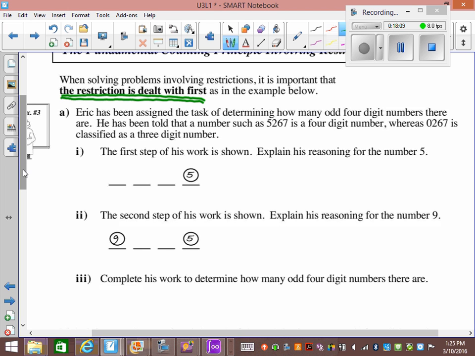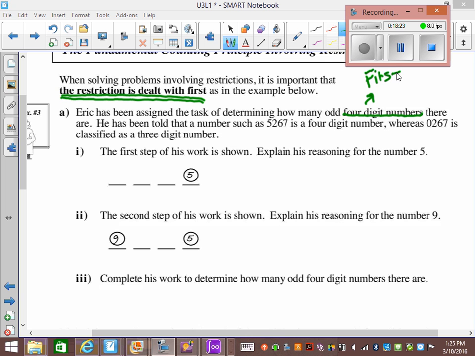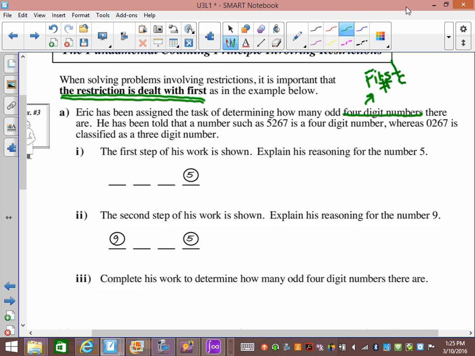Whenever you read 4-digit number, that is a fancy way of saying that the first digit can't be 0. The first number can't be 0.